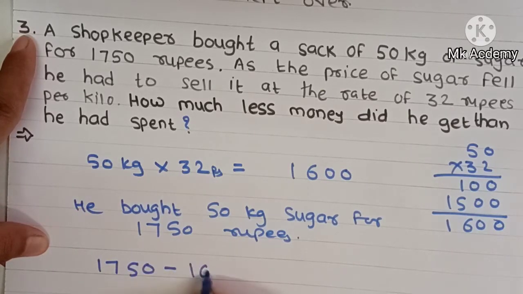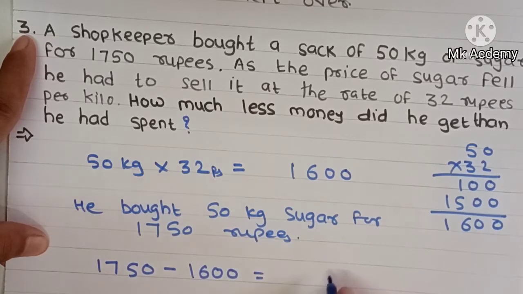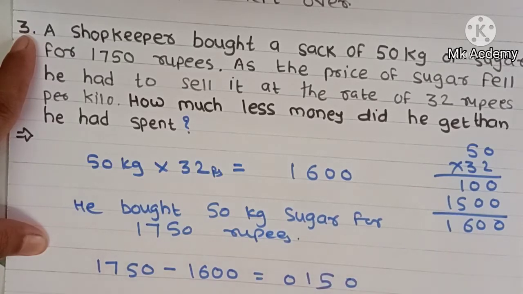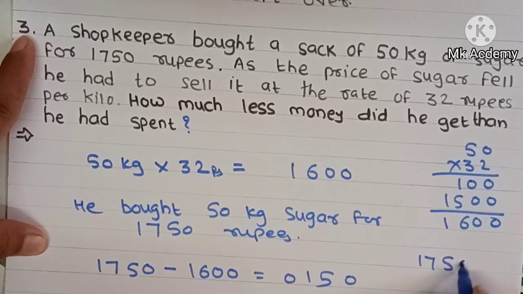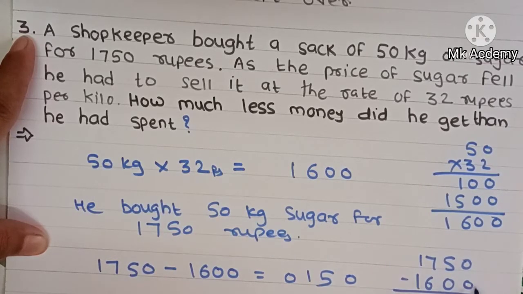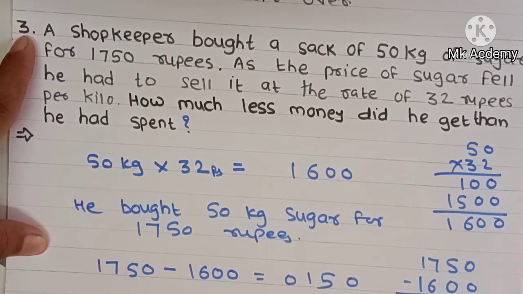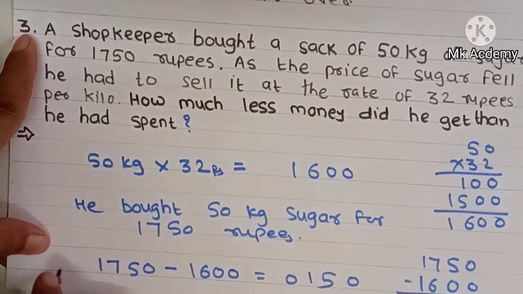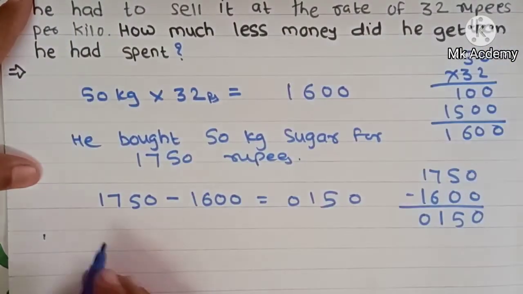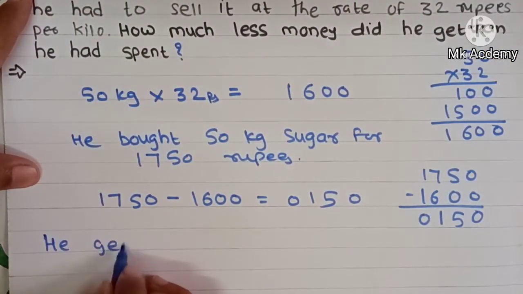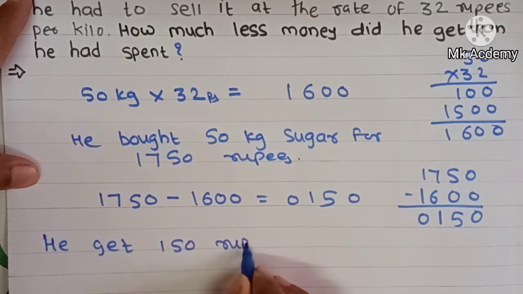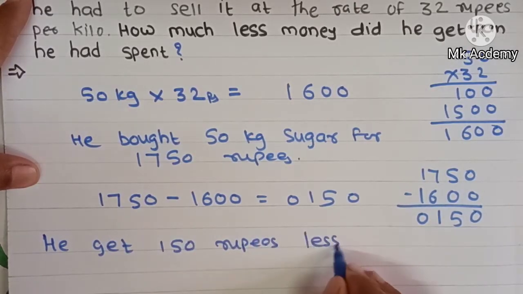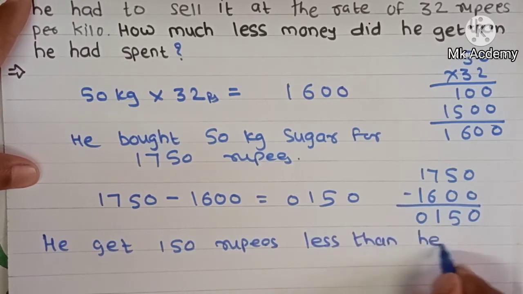1750 minus 1600 is equal to... understood, or we can solve here. 1750 minus 1600: 0 minus 0 is 0, 5 minus 0 is 5, 7 minus 6 is 1, 1 minus 1 is 0. That is 150 rupees, which means he gets 150 rupees less than he spent.